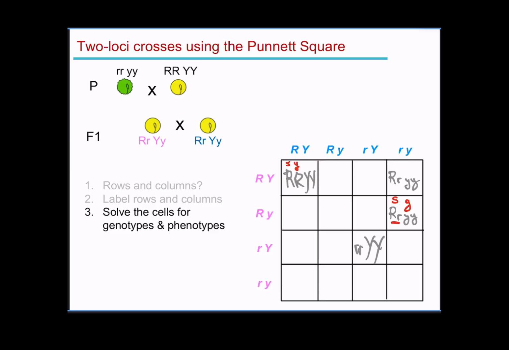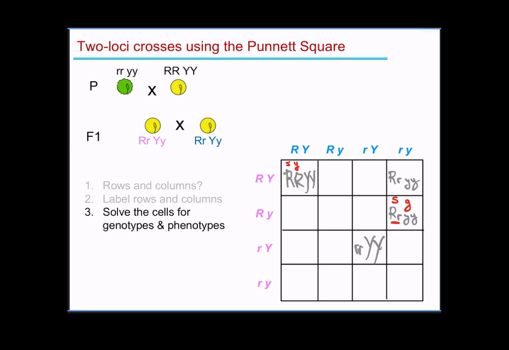How many plants produce smooth peas that are yellow? Then you go around the square looking for S, I suppose, for smooth or round, and Y for yellow. It takes a little practice, but once you get the mechanics, it's not that bad.